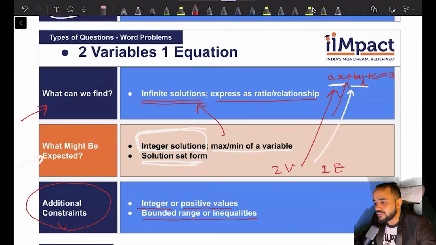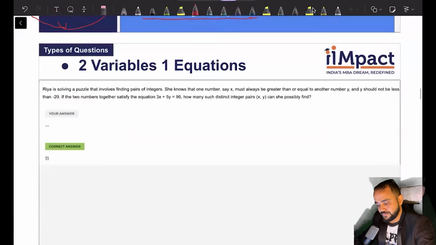So what are the possible values? They can give you an inequality that x is greater than y. Now tell me what are the possible situations. Again, I hope you can appreciate they now have a lot of power, which means we have to be very cognizant in how we approach questions such as these.